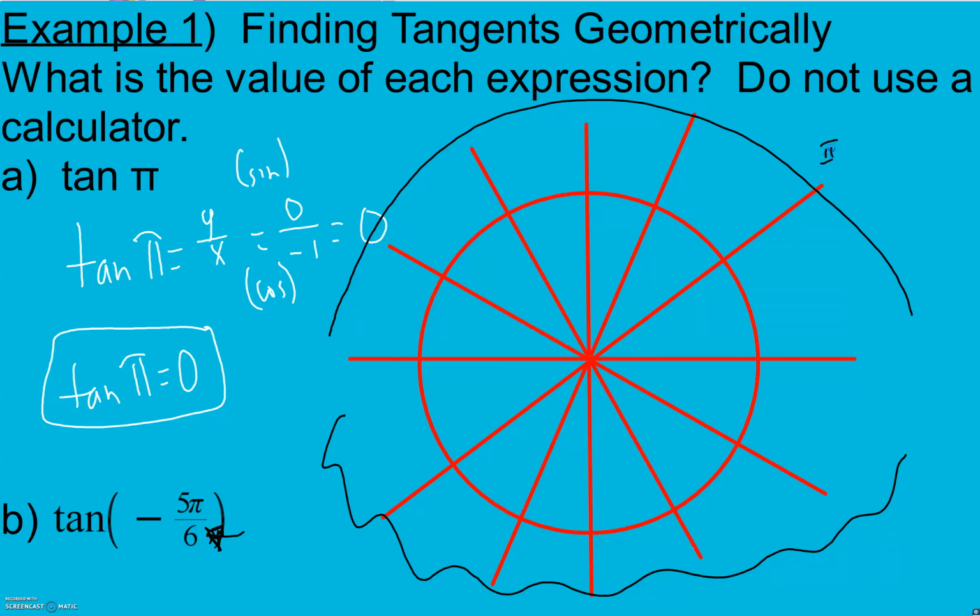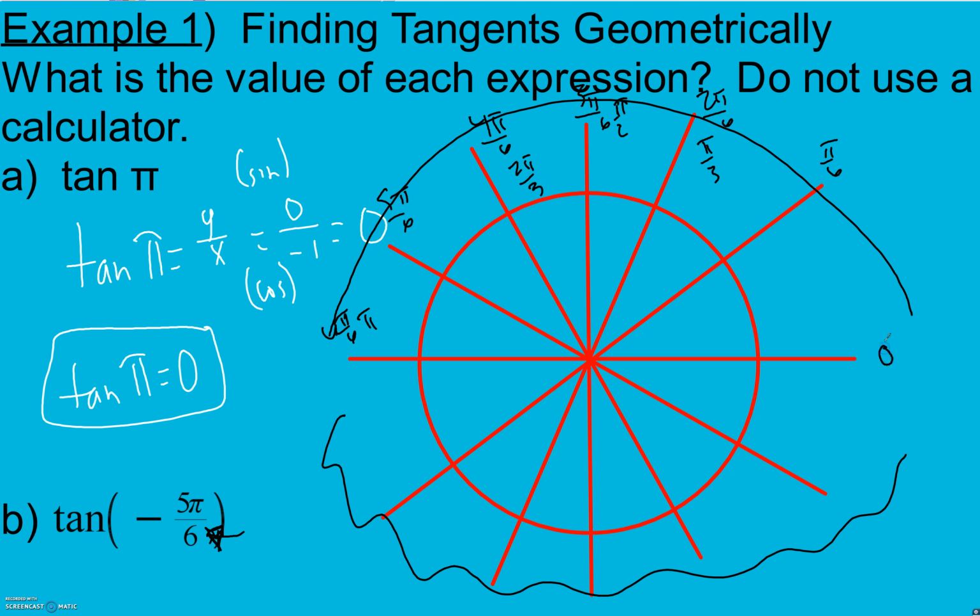So right now I have 1 pi over 6, 2 pi over 6, 3 pi over 6, 4 pi over 6, 5 pi over 6, and 6 pi over 6. And again, we can simplify some of those down. 3 over 6, for example, is just pi over 2. 2 over 6 is pi over 3. And 4 over 6 is 2 pi over 3. 6 pi over 6 is just pi. So we can simplify that as we go.